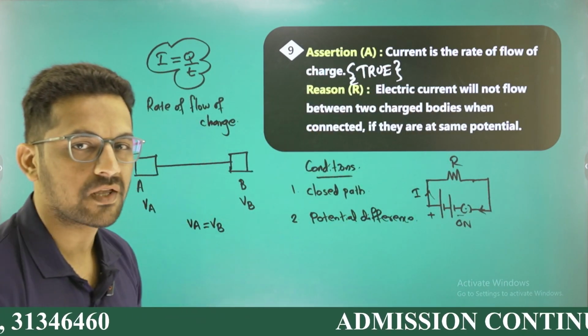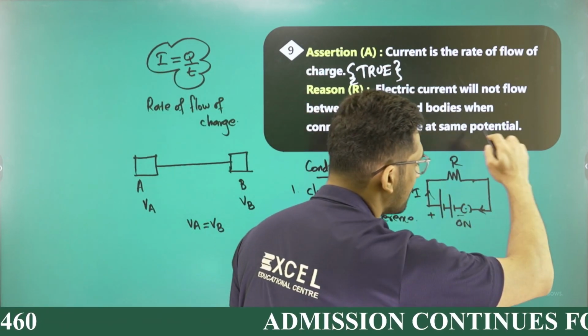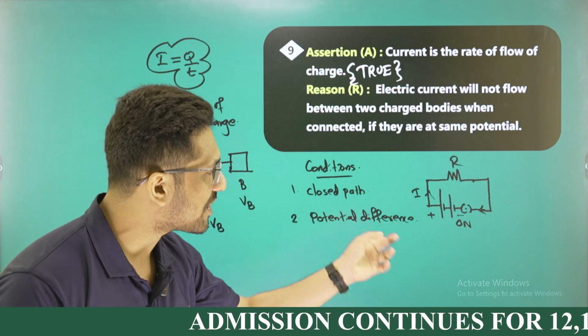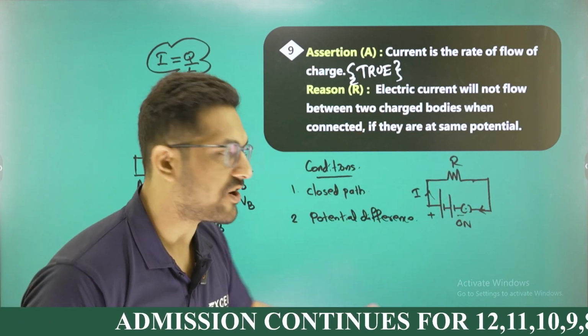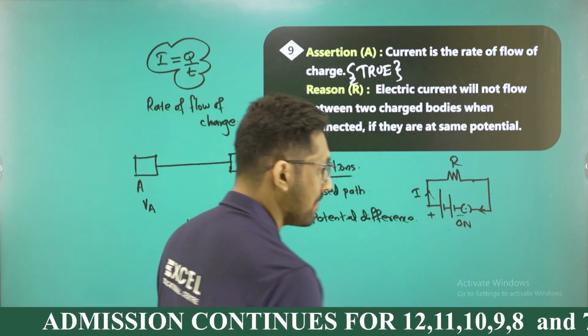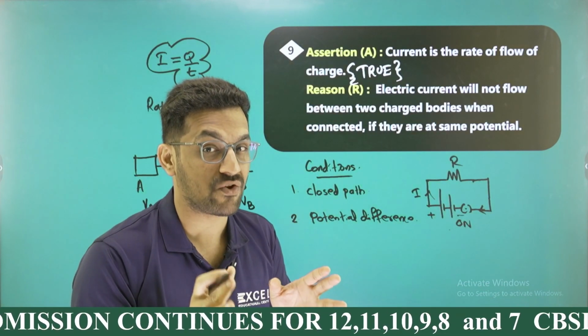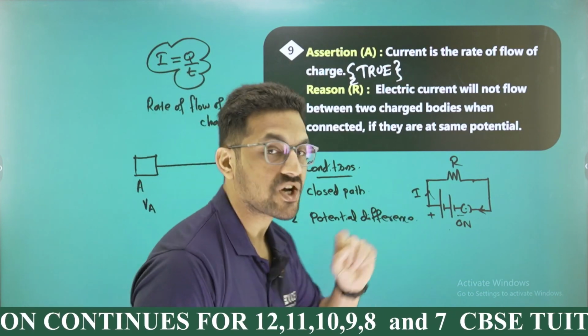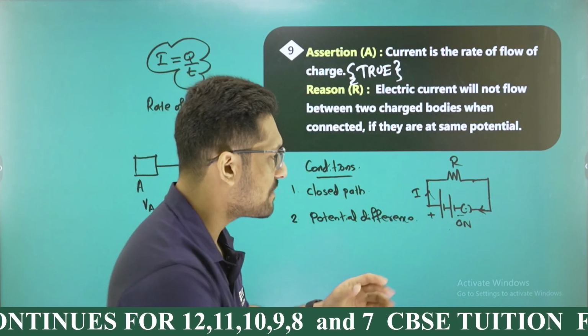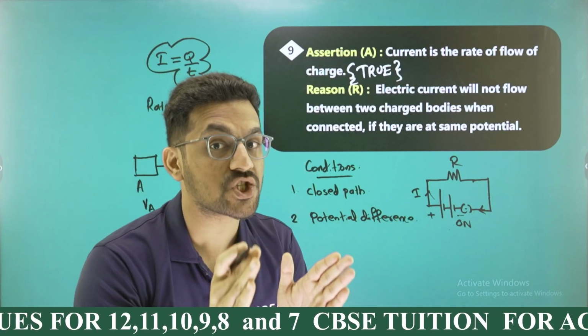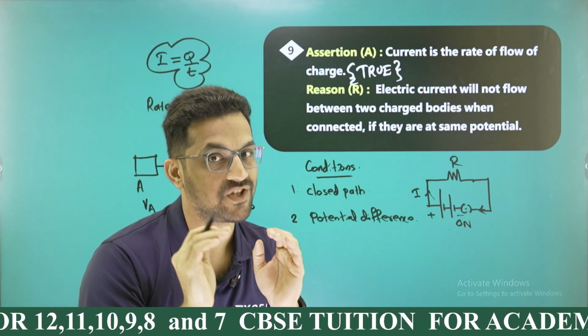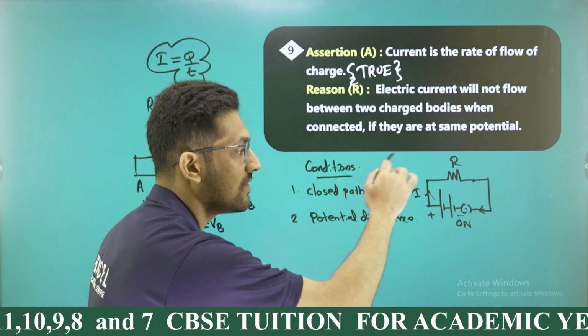Why is the current flowing? Because there is a closed path. Not only that, there is a battery. That battery is maintaining that potential difference there. That's the function of the battery or cell. Only if there is a potential difference, the current will be flowing.